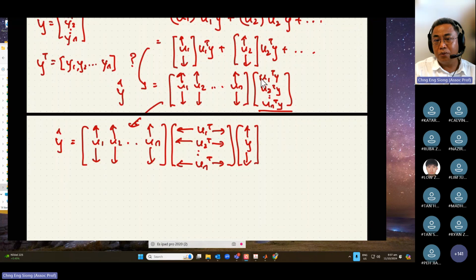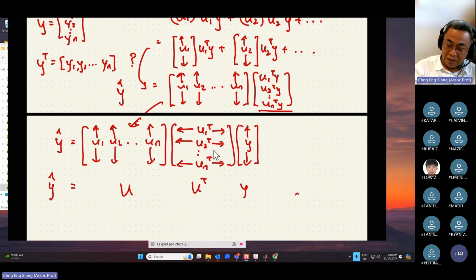Each of these rows, I take it out. So this row times this is the first number. The second row transpose times this is the second number. Okay, what's this, guys? This is U, right? This is U. This guy? U transpose. This guy's Y. So Y hat. Voila.